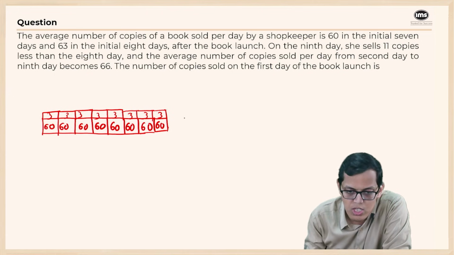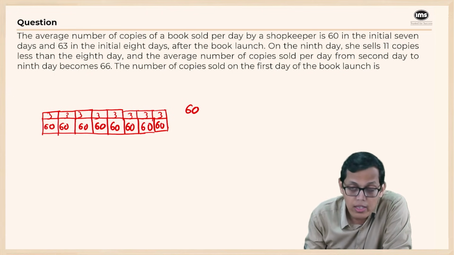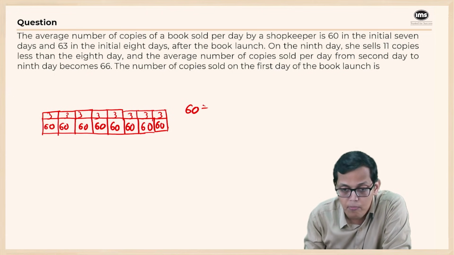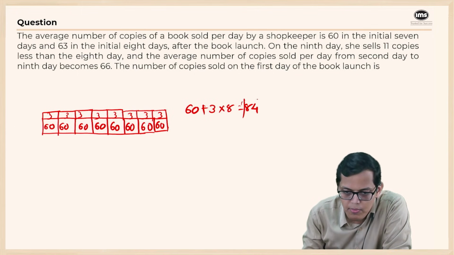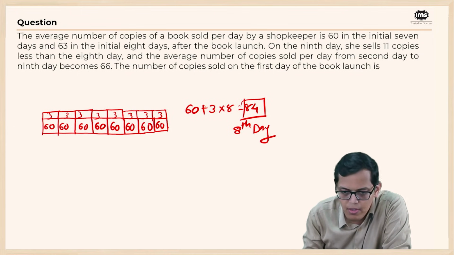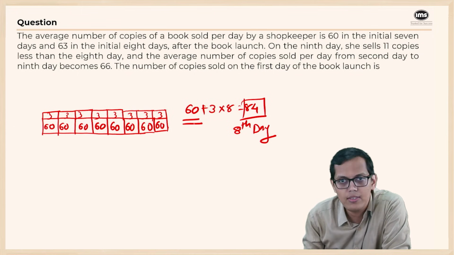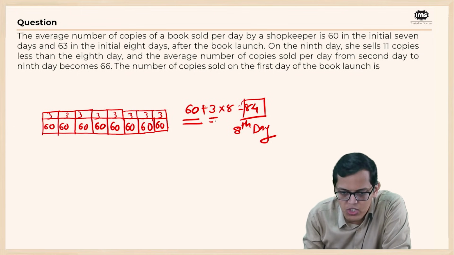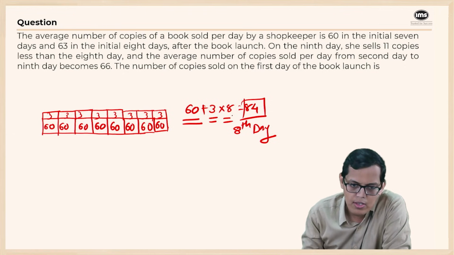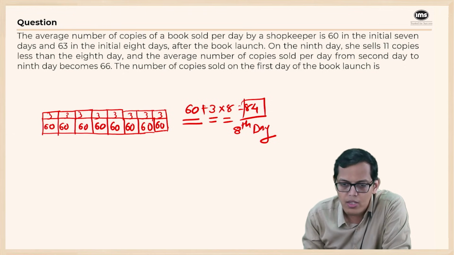That includes 60 and those 3, not 7 but 8 times. That's how you get the number of books sold on the 8th day. That's basically the old average plus change in average times the number of participants, which is 8 days in this case. So on the 8th day, the person sold 84 books.